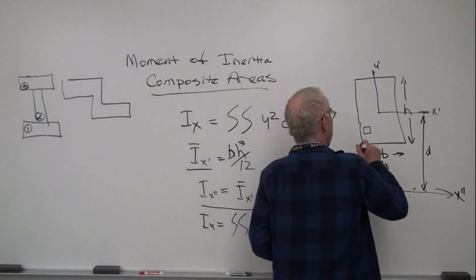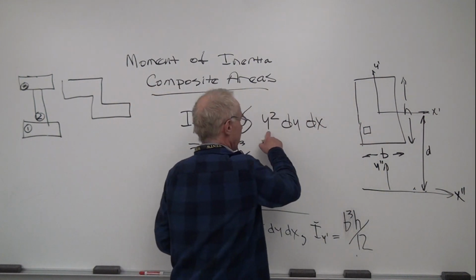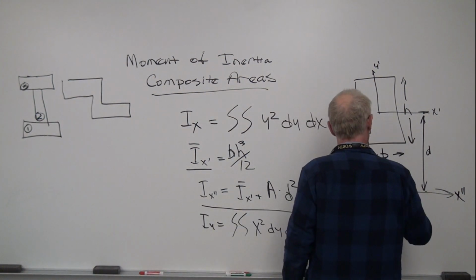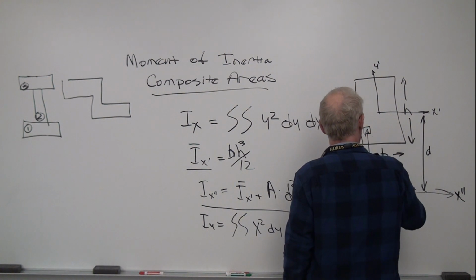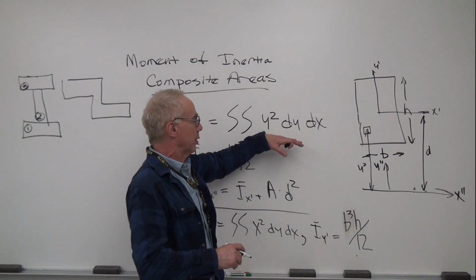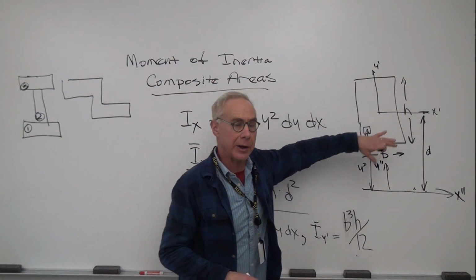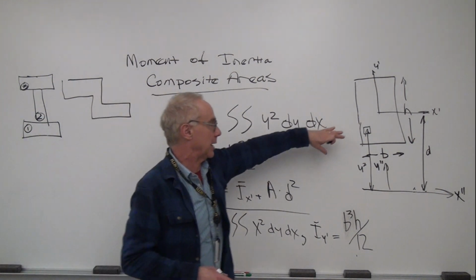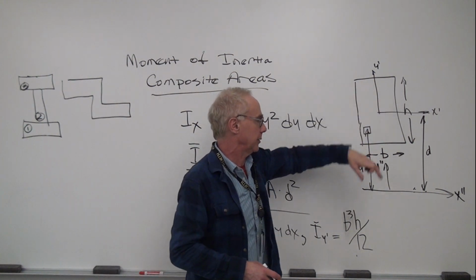And we're multiplying those by y squared. So if we're doing it for this axis here, this would be our y squared value. And we do this over and over again over the entire area and add. Basically, integrals are like summations, so we're adding those all up over the entire area.